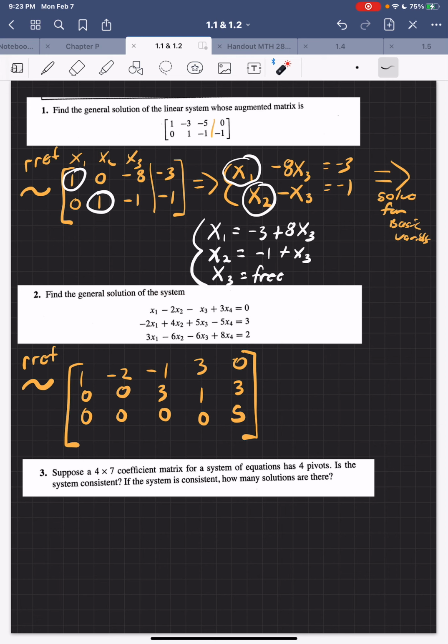Again, this is a larger matrix, but I've taken the liberty of running it through the row reduction algorithm. And that gets me to here. At this point, you could start trying to say, okay, where are my pivot positions, pivot columns, but take a look at this.